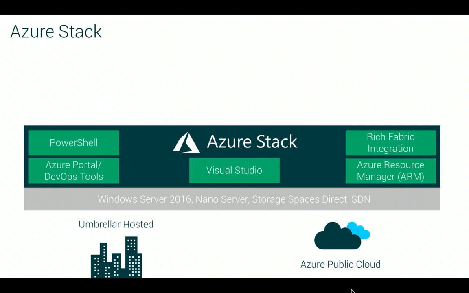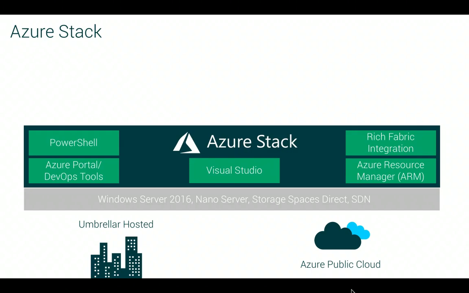And Azure Stack, on top of those technologies, delivers a consistent language through PowerShell. For developers, a consistent experience with Visual Studio. An endpoint in Azure Resource Manager that is consistent across Azure Stack and public Azure.